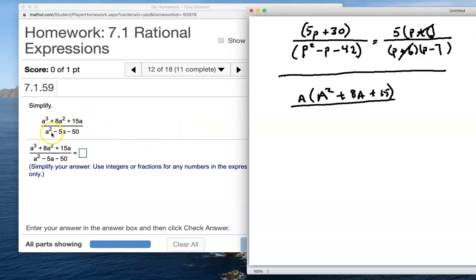The bottom, you might as well factor that while we're at it. You might as well go into factor mode there and say A and A for the A squared on the bottom. We need to come up with two numbers that multiply out to be -50, plus and minus. 10 and 5 would do the job, because 10 and 5 would subtract out to be a -5.